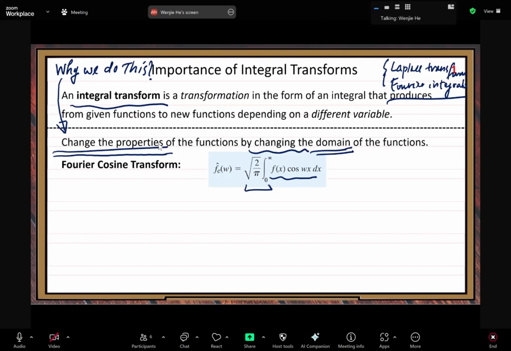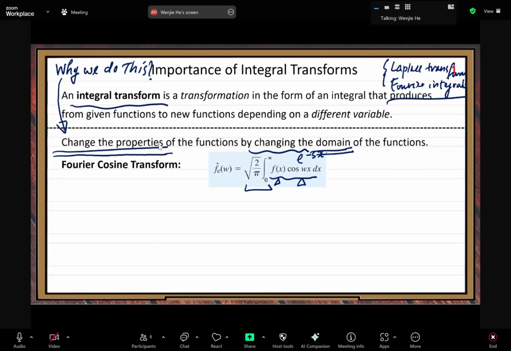When you define it in this way, you get a completely new function. This f is your original function, f of x. Now you apply this special integral. If you compare with the Laplace transform, we use the e function, e to the negative sx, right?